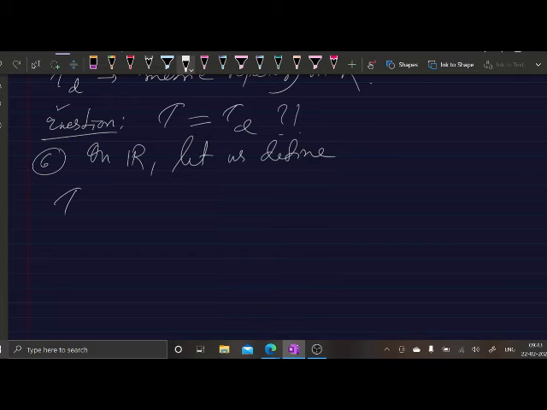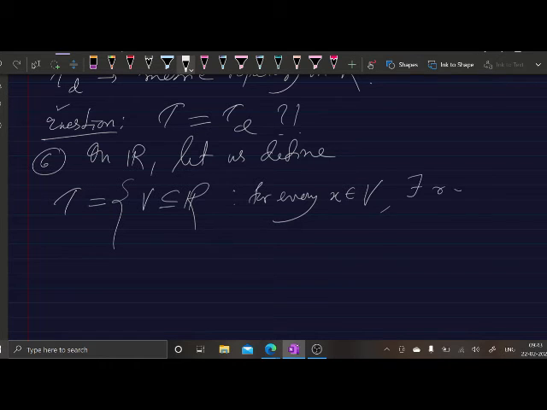Let us define tau equal to the collection of all those subsets V of R such that for every x belongs to V, there exists a real number r greater than 0 such that x, x plus r is a subset of V.